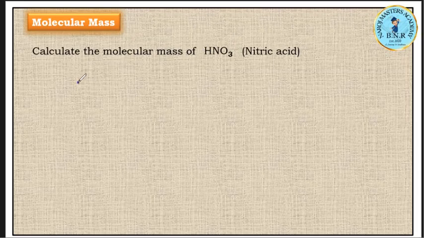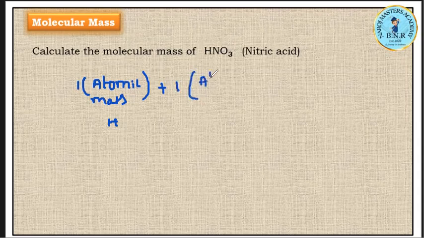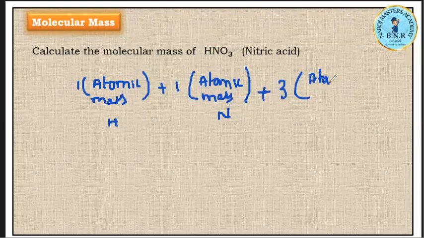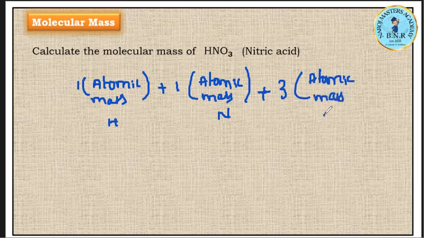How many hydrogens are there? 1, so 1 into the atomic mass of hydrogen, plus how many nitrogens? 1, so 1 into the atomic mass of nitrogen, plus how many oxygens are there? 3. So 3 into the atomic mass of oxygen.